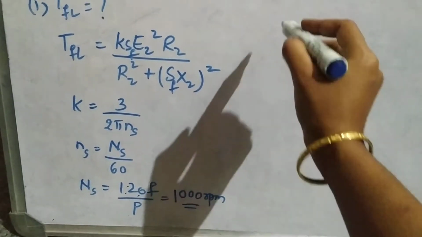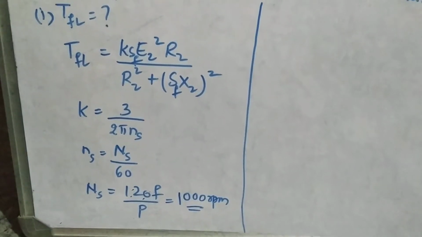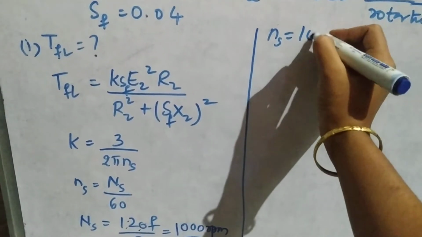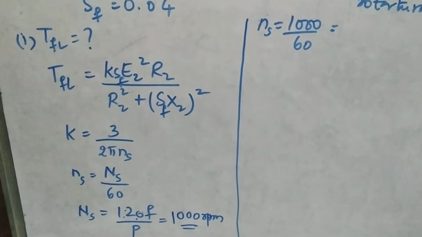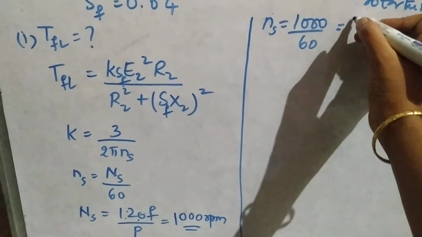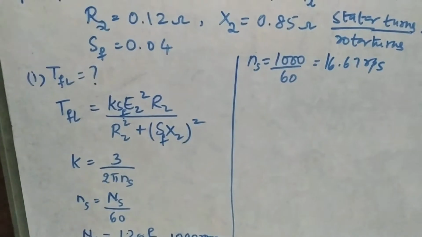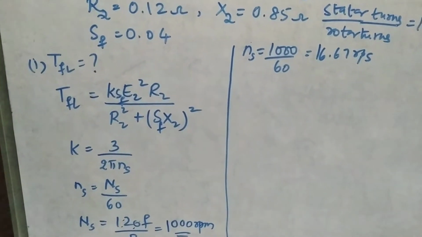Small ns is 1000 divided by 60, which leads to 16.67 RPS. So this is the small ns value we get.